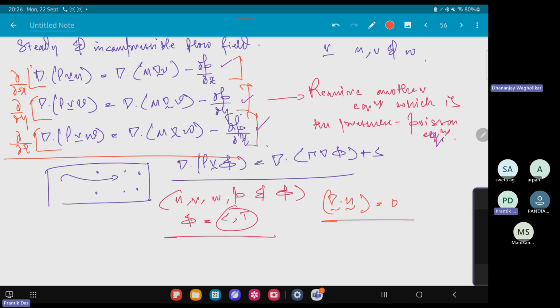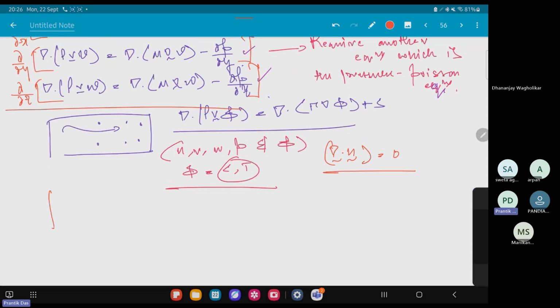Since this is an incompressible flow, del dot v equal to 0 is our continuity condition, or mass balance condition. If I use this, del dot V dv equal to 0 means that the integral of V dot dA is equal to 0. So uA at the east face minus uA at the west face is equal to 0.